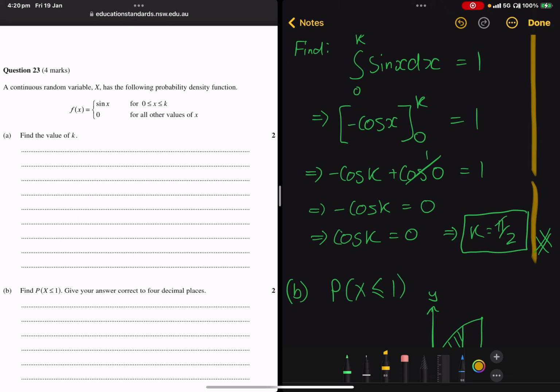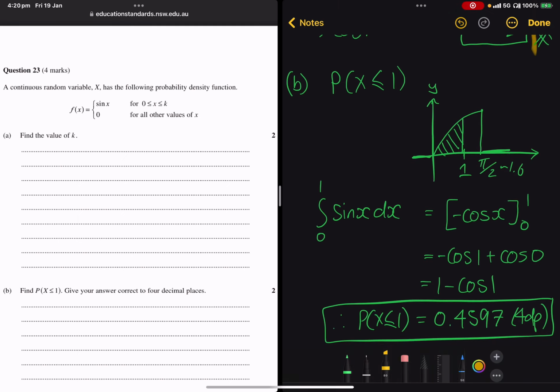You need k is pi on 2 in order to get the second mark. For part B, if you can identify that the probability is going to correspond to a definite integral, or some equivalent merit, this will get you the first mark. Then correctly evaluating and providing a solution is going to get you the second mark. So that's going to be these 4 marks.